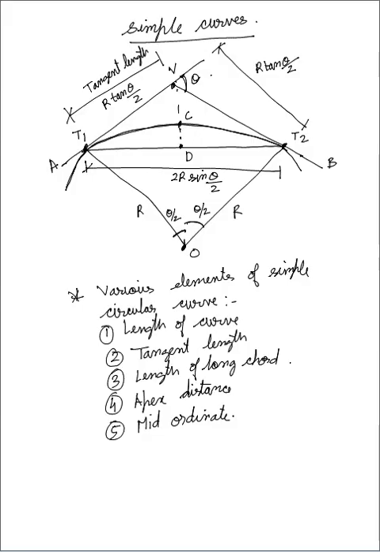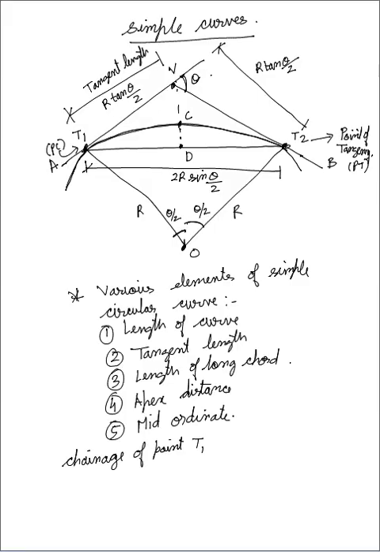Now if we talk regarding chainage of point T1, this point T1, point of curve PC, can I write? And this T2, sometimes in some books they have written point of tangency, PT. So this also you can remember. PC is your point of curve.